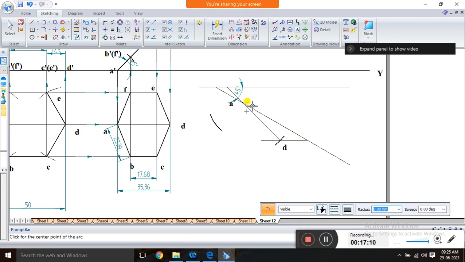Just use the compass, place it on A and stretch up to B. So take that compass, place it on A and cut the arc. Similarly, on D, with the same distance of that compass, cut a few more arcs. Use the same compass and cut the same arc.